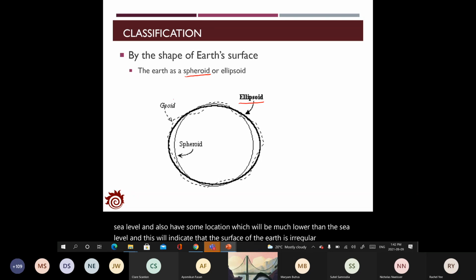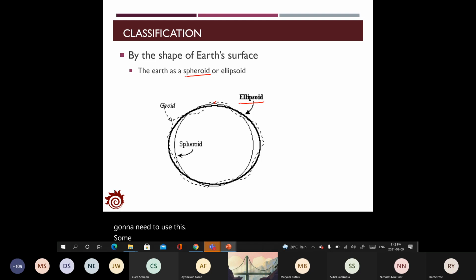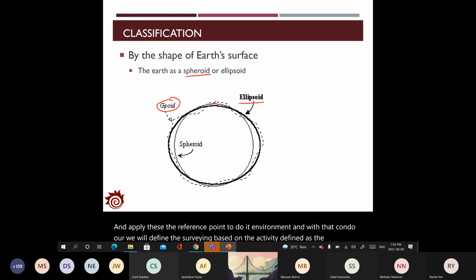Sometimes we're going to need to use some points on the actual surface of the Earth, and apply this reference point to do the measurement. With that kind of definition, we define it as geodetic surveying, and this will use the true location on the surface of the Earth.